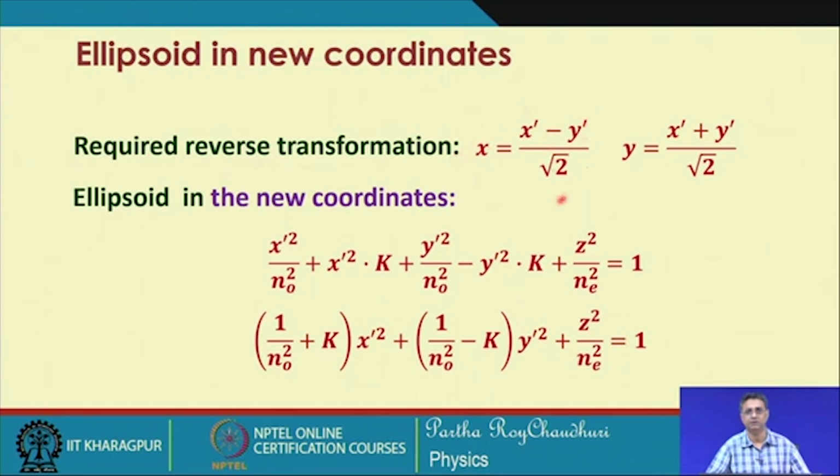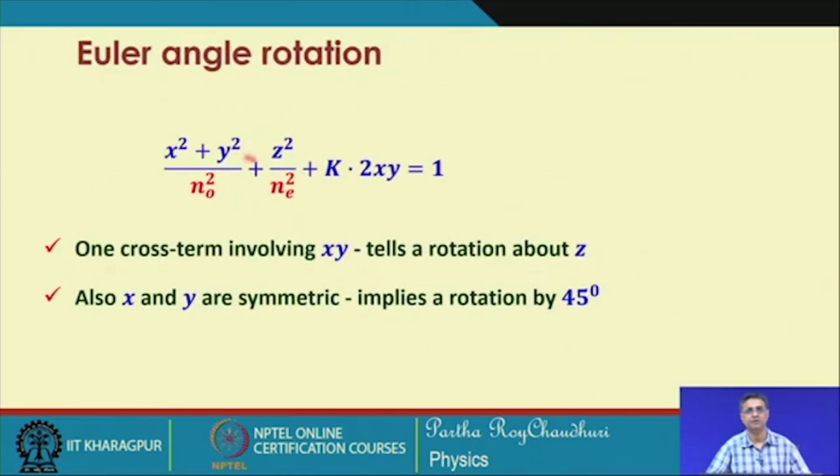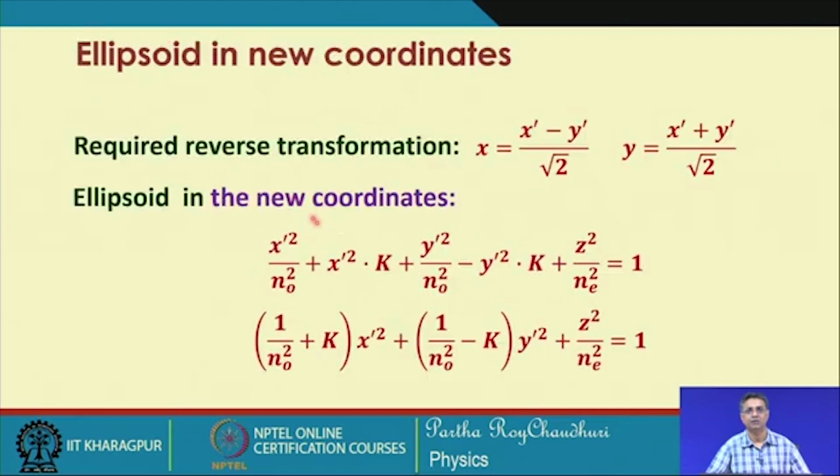because in place of x, if I substitute this value, the square of this will appear in place of this equation, x square plus y square by n o square, z will remain z prime as it is. So, we will have a change in only the x square and y square. So, that is what we are trying to write. Effectively we can write this, because you have 1 by n o square plus k.